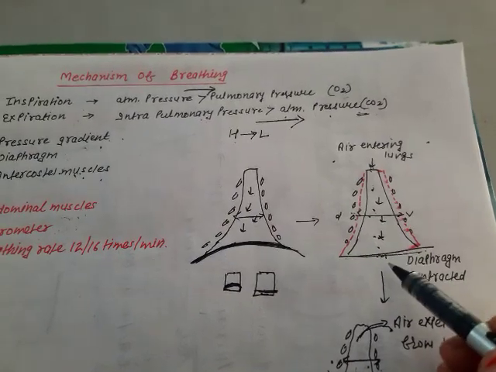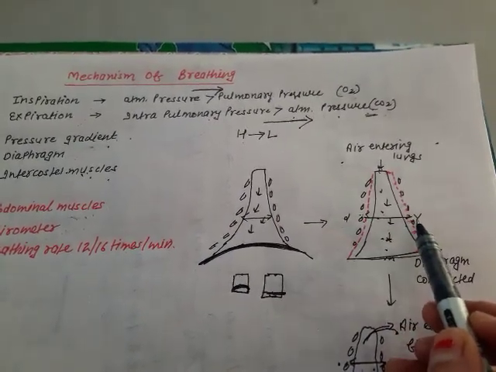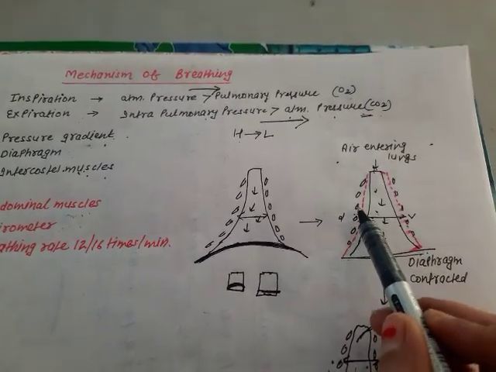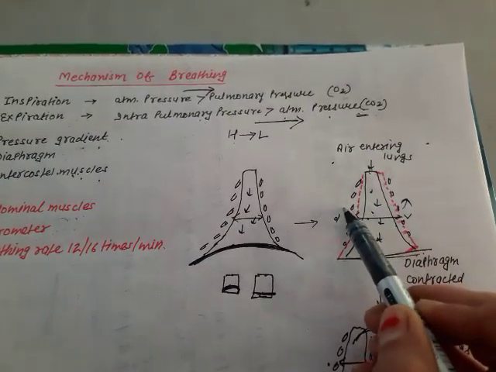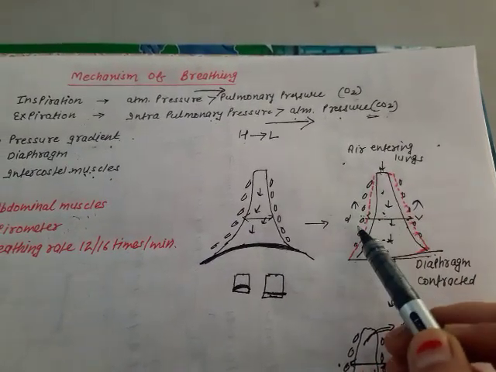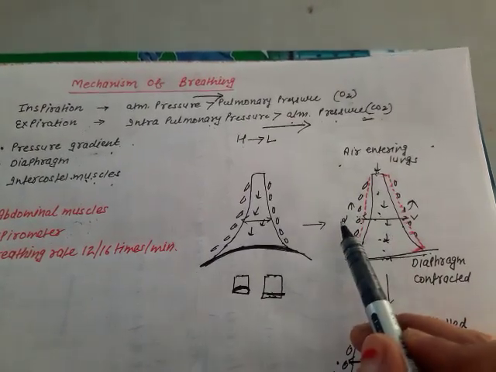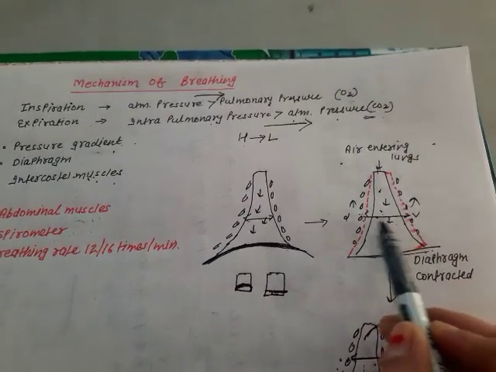Fine. Similarly, if the intercostal muscles contract, then what happens? They will raise the ribs as well as the sternum upwards. Then what happens? The thoracic volume again, from the dorsal and ventral side, increases. Fine.